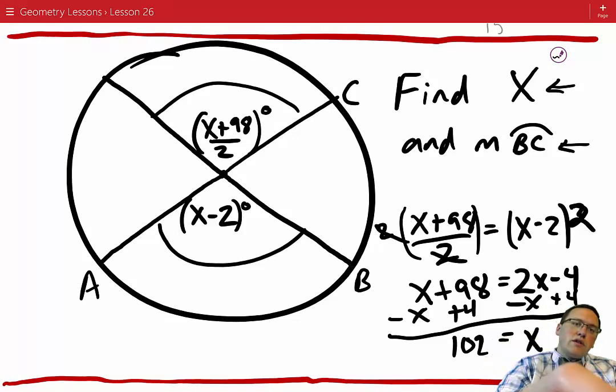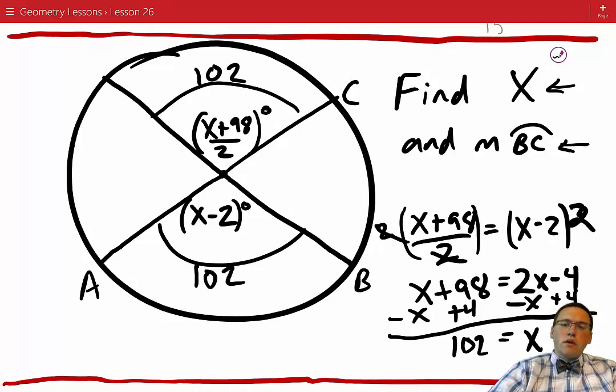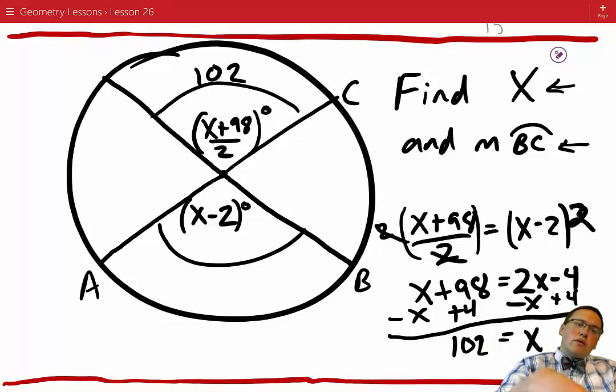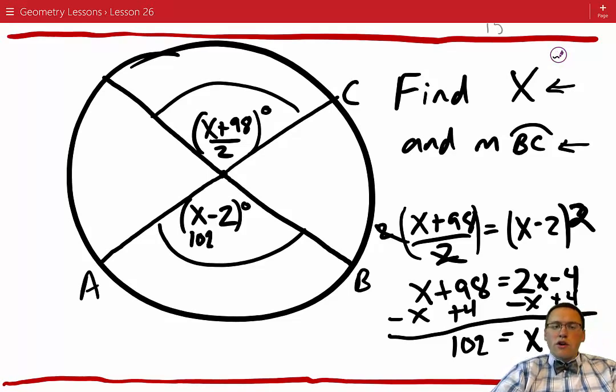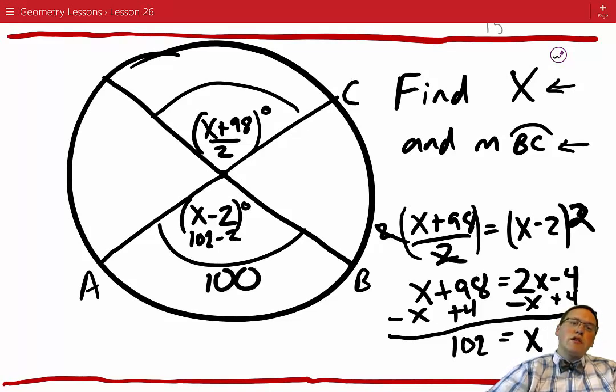Okay, so both of these central angles are 102, which means, actually take that back. If x is 102, then we just substitute 102 in for x, so this would be 102 minus 2, so this would actually be 100.